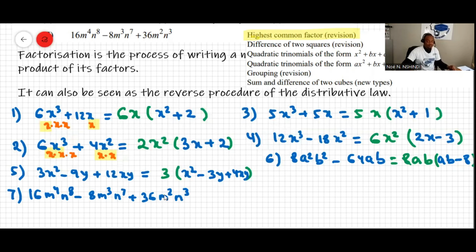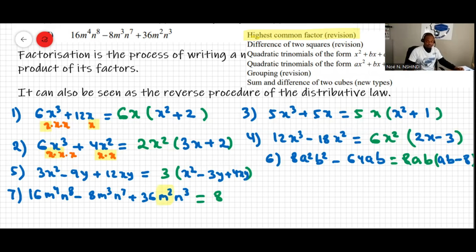Then we can take the common factor of the terms. If you do that correctly, you notice that the common factor here is 8, so I can take 8 as a common factor. Now we have m to the power 4, then 3 m's, and 2 m's. The smallest will be the highest common factor.